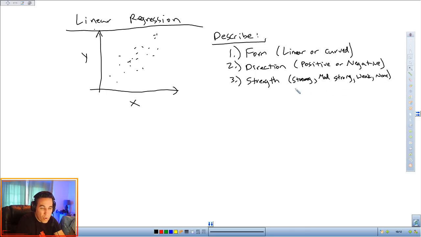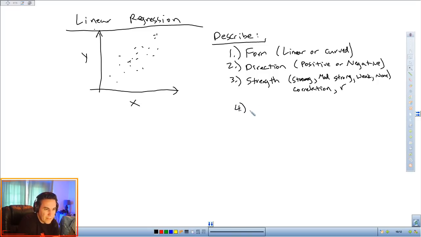And remember, we use correlation, so this is where we look at our R to tell us whether we're strong. Strong was like 0.8 or higher. Moderately strong was between 0.5 and 0.8, and weak was usually less than 0.5. Remember the sign: if R is negative, that tells you it's a negative direction. If R is positive, it's a positive direction. So just by knowing R without a scatter plot, you know what direction it's going.